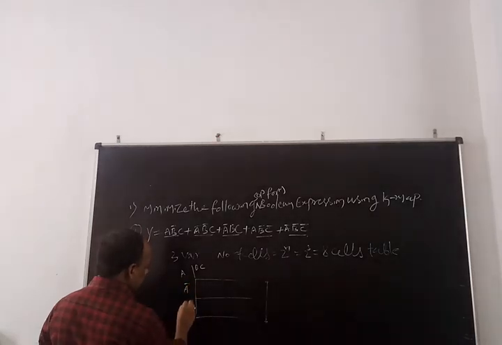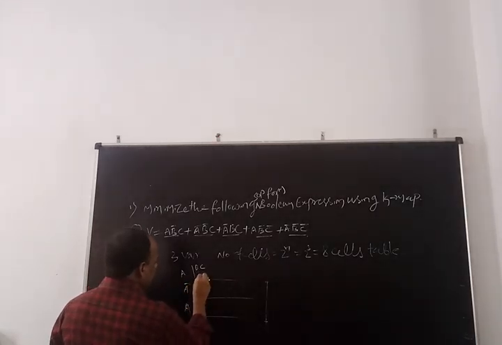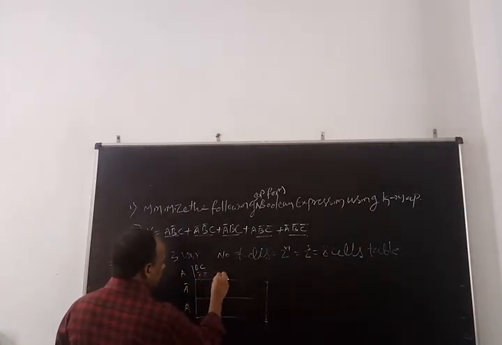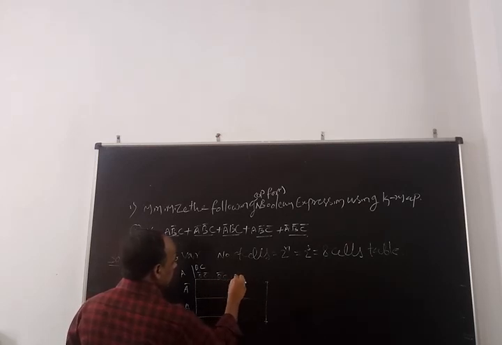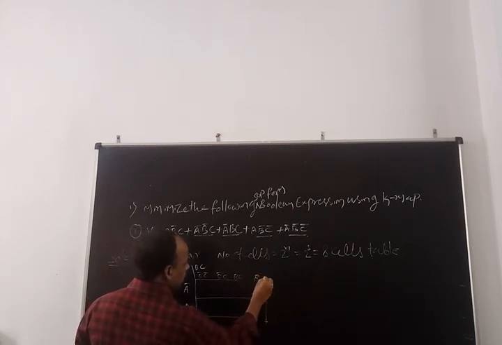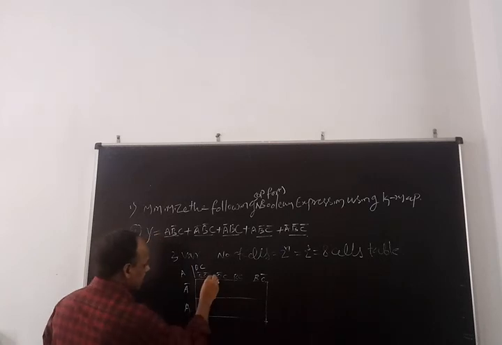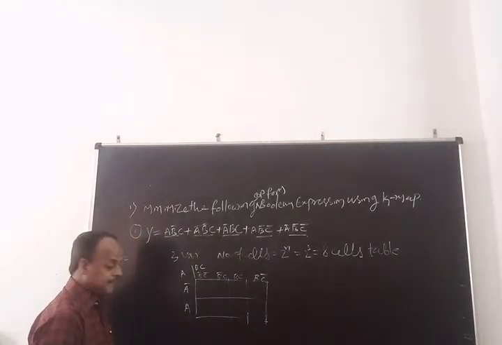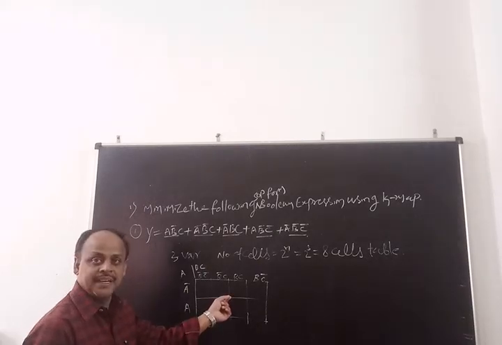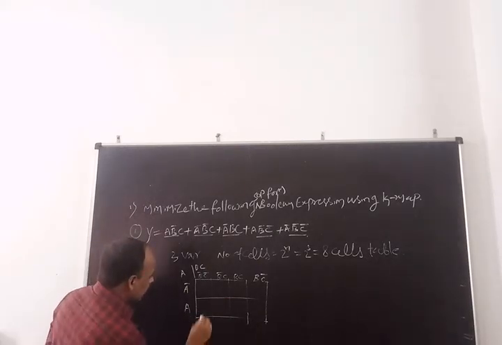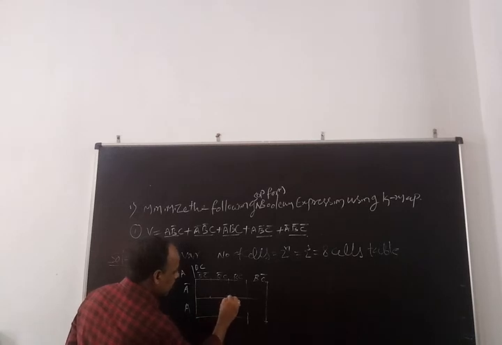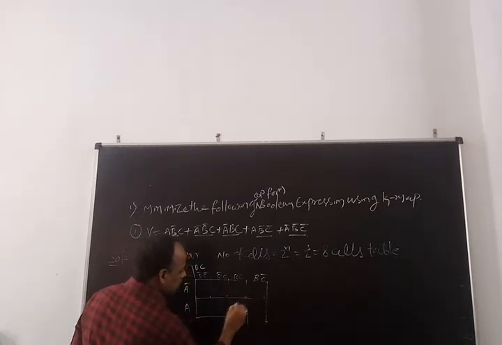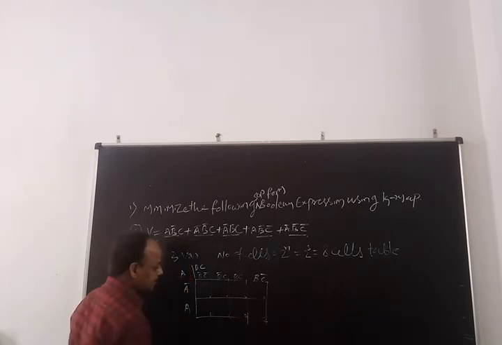A bar, A; B bar C bar, B bar C, B C, B C bar. This is the standard, right? Like a code. So just write down the min term designations below: 0, 1, 2, 3, 4, 5, 6, 7.